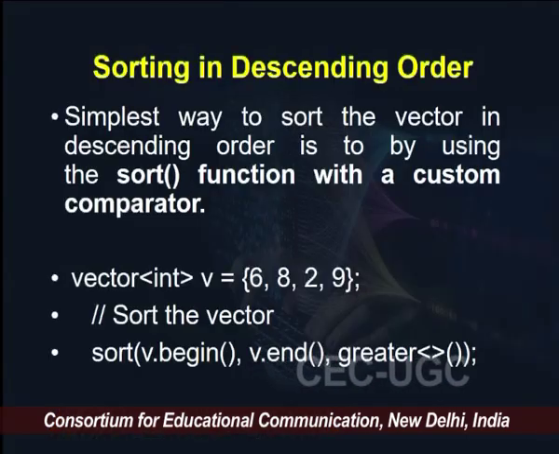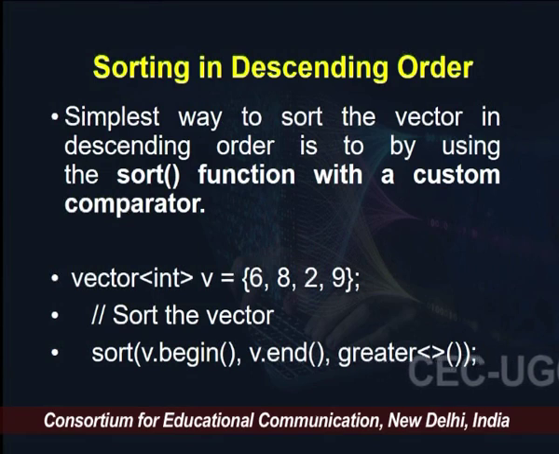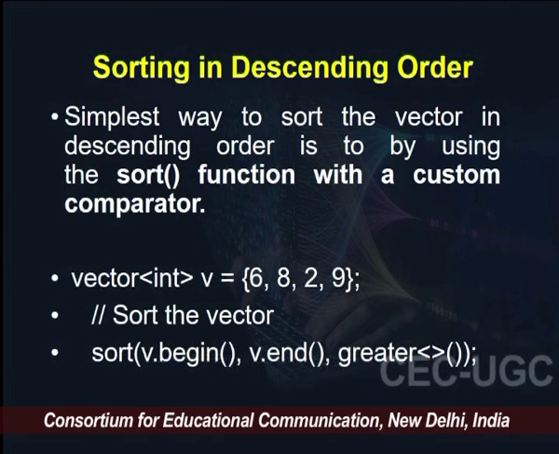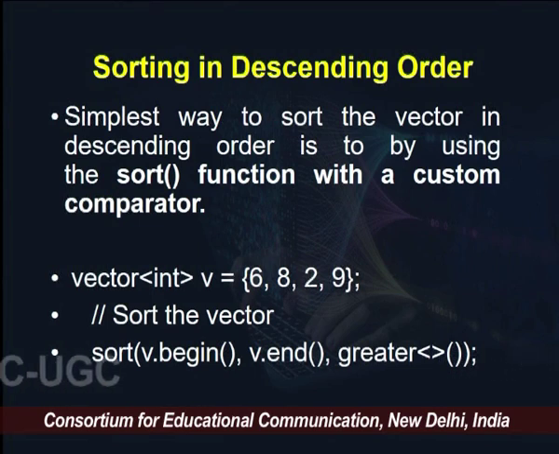As I have told you, there are multiple ways. The simplest way to sort the vector in descending order is by using the sort function with a custom comparator. What kind of comparator I am talking about, I am going to show you in a minute. The sort function sorts the vector by default in ascending order.